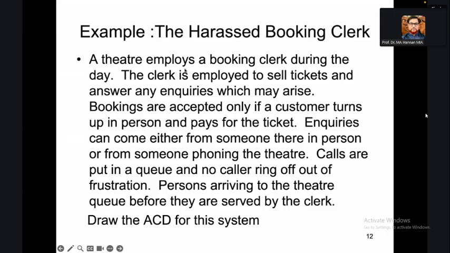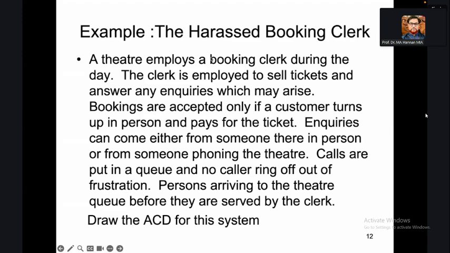the theater employs a booking clerk. So without the booking clerk, no ticket can be sold, no phone calls can be entertained, no personal inquiries can be answered. Okay?